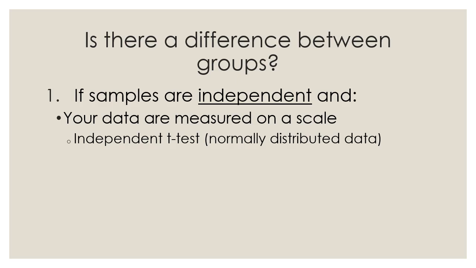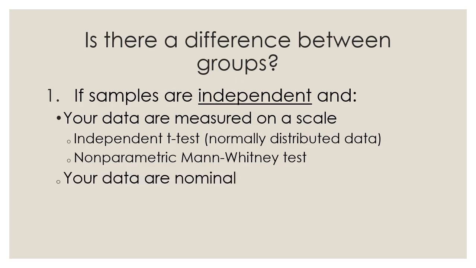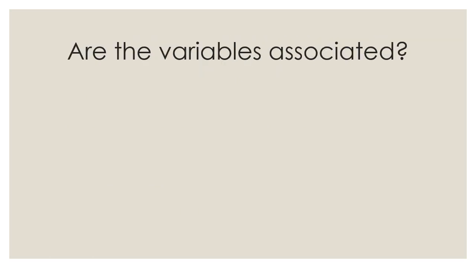And again, this is for normally distributed data. When you have non-normally distributed data, you use a non-parametric Mann-Whitney test. If your data are nominal or categorical, then there is a test called the chi-square test of association that can be used. Okay? So let's move on from this question and get to the next one.